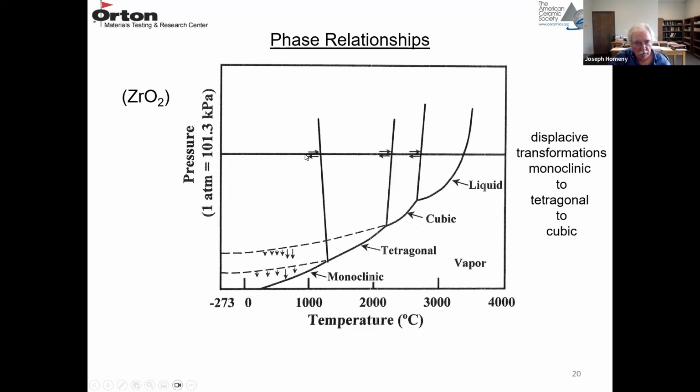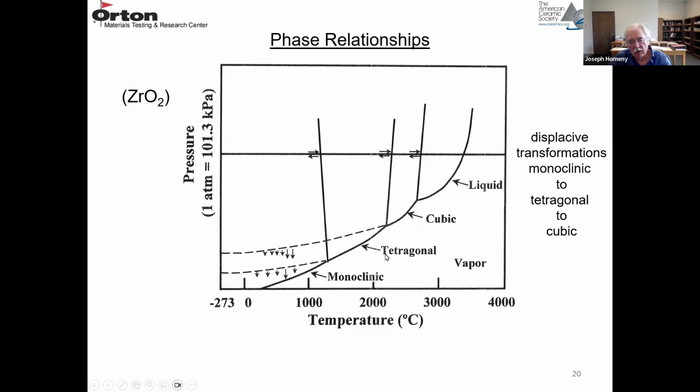So these phase transformations at 1 atmosphere are displacive. So as soon as you go from cubic to tetragonal, that's a displacive transformation, and from tetragonal to monoclinic. And if you have a cubic phase, it may be metastable to room temperature, depending on how you process it. And the tetragonal phase can also be metastable down to room temperature.